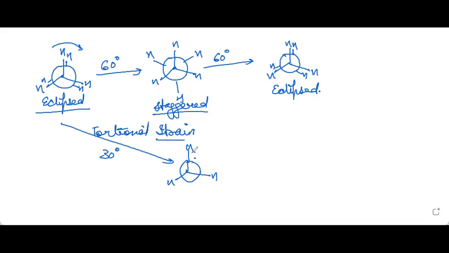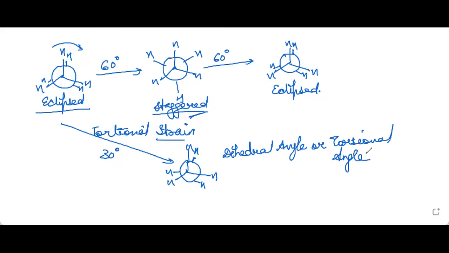Almost approximately we can say this will be the position of the hydrogens of other carbon. Now again, here will be more torsional strain than in case of staggered conformation. So the torsional strain depends upon the angle of rotation about the carbon-carbon single bond. And this angle is known as dihedral angle or torsional angle.